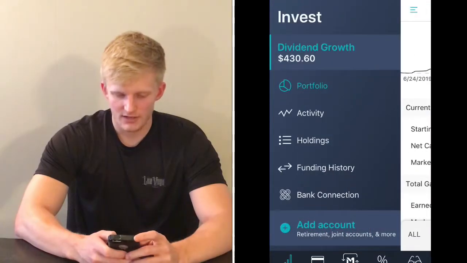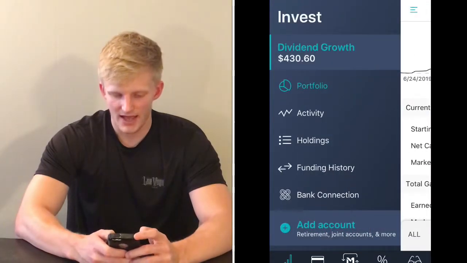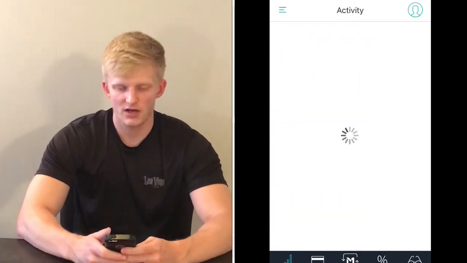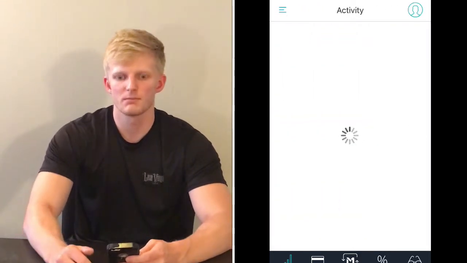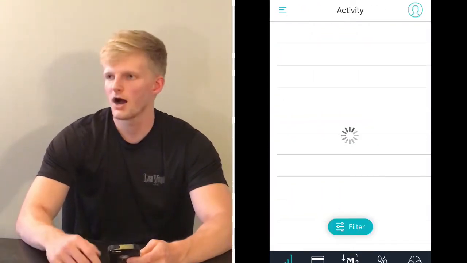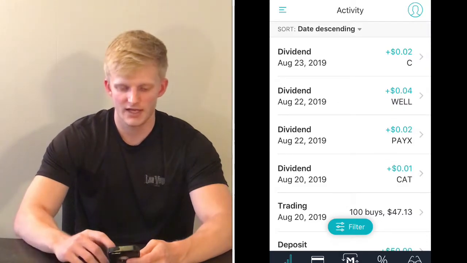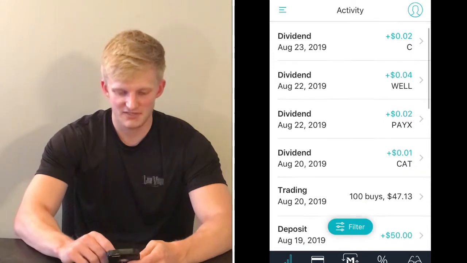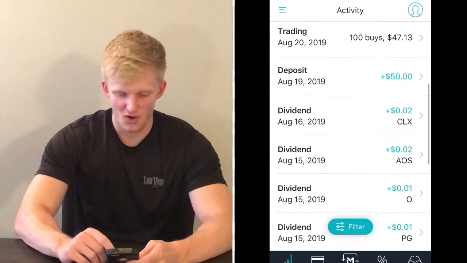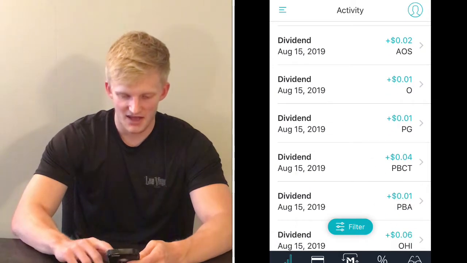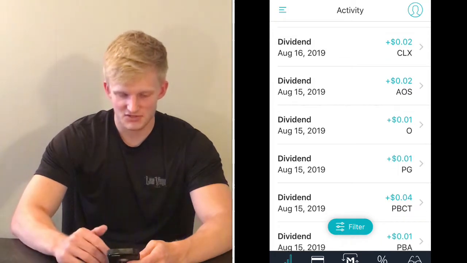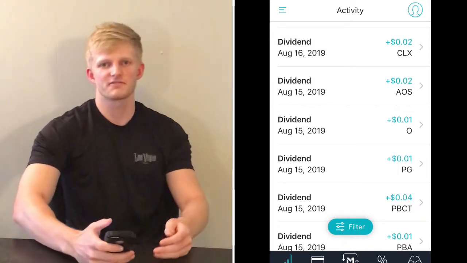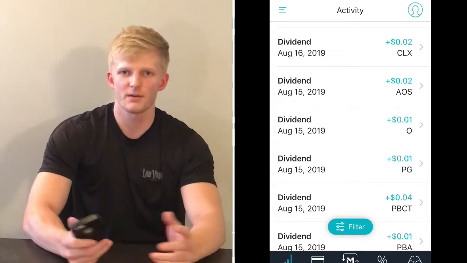Going back over here, we'll go to the activity tab. This shows money you've deposited, money you've withdrawn if you've withdrawn any, and it also shows dividends you've received. As you can see, I have received quite a few very small dividends, and the reason these dividends are so small is I purchased fractional shares in all the companies I own.